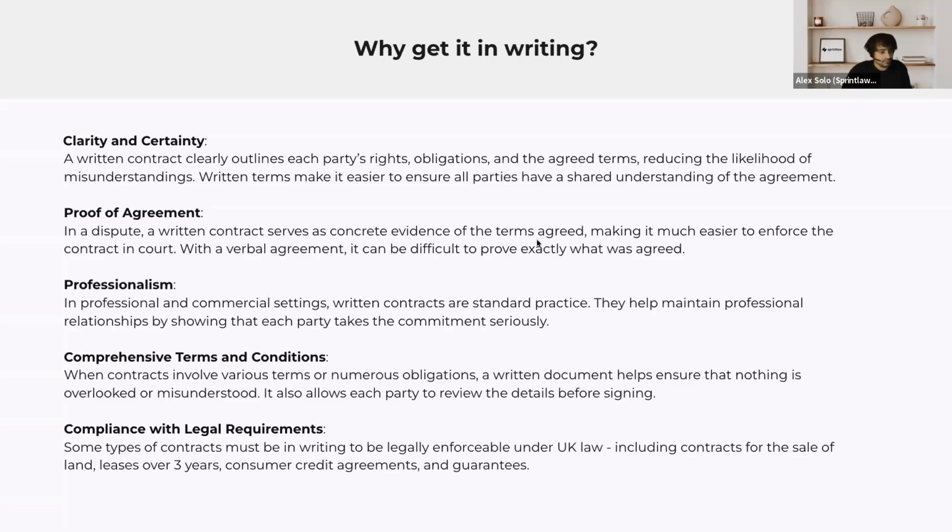It's proof, and it stops one party saying, no, there was never an agreement. It's professional to have proper agreements, and particularly if you're working with customers, it can look good to be organized and have proper written contracts, and help build a professional relationship. Contracts, when they're in writing, can be more comprehensive.